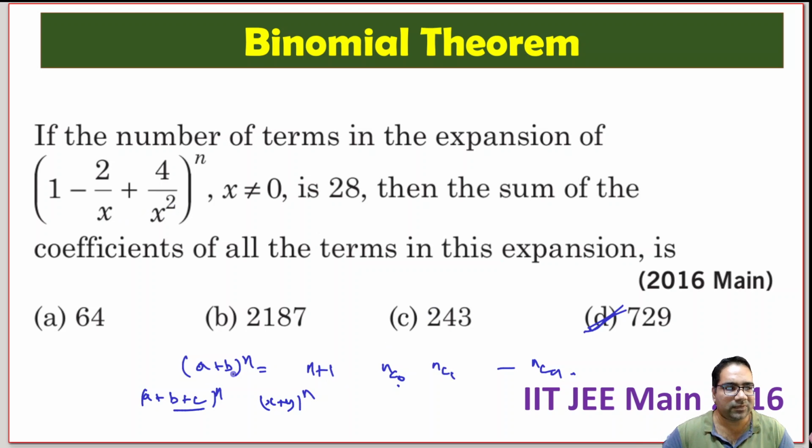Like in the case of (1 plus x) whole power n, the sum of coefficients will be nC0 plus up to nCn, and when we put x equal to 1, this becomes 2 power n. Right, guys?